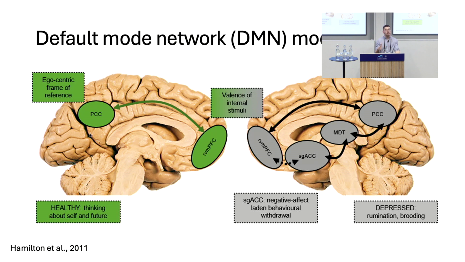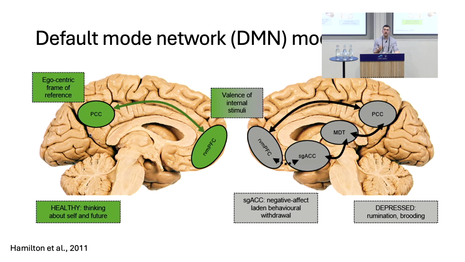These regions are typically more activated in states of rest and deactivated during task conditions. Given the role of the default mode network in autobiographical and self-referential thinking, it's perhaps no surprise that this network of brain regions has been linked to the ruminative thinking which dominates in depression.